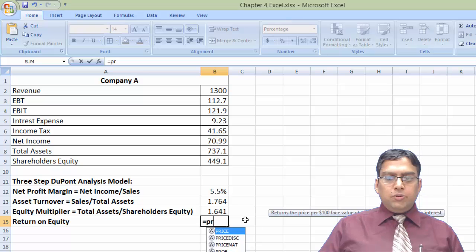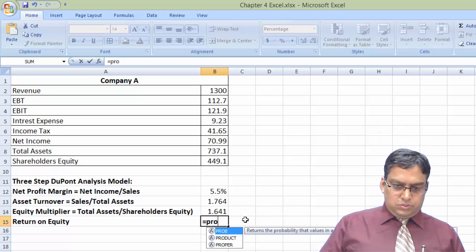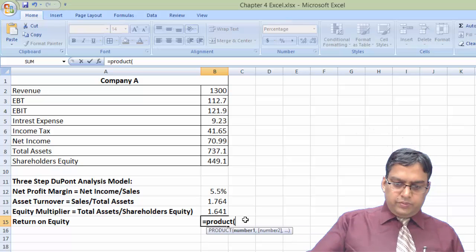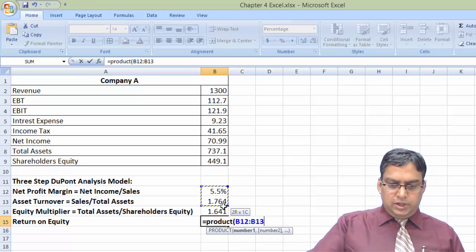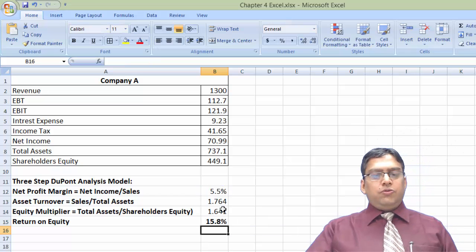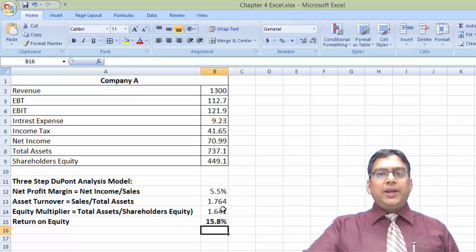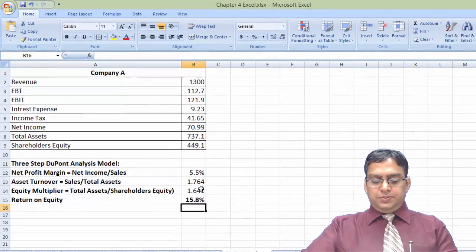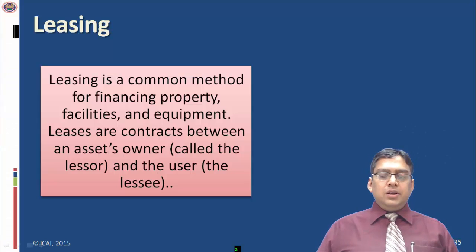We use the formula for product on all three, and your final output is 15.8%. Return on equity equals 15.8%.